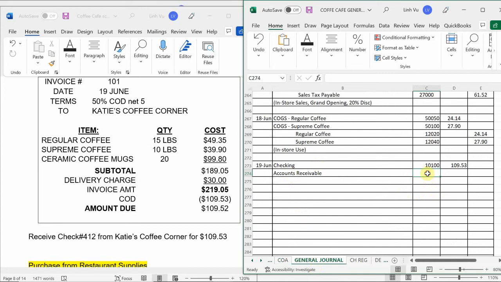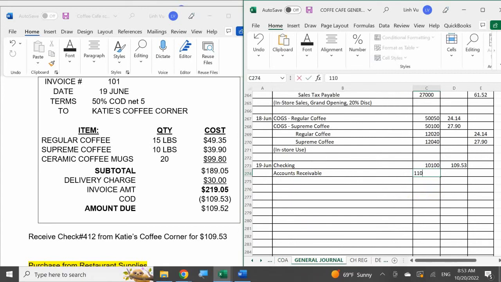Good. Okay. And how much does she owe me now? 109.52. Okay. Good. Now, why is she owing me money? What does this invoice represent?